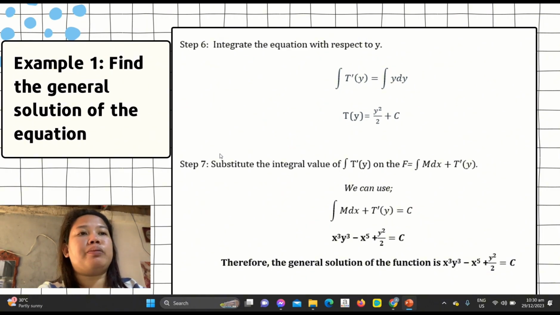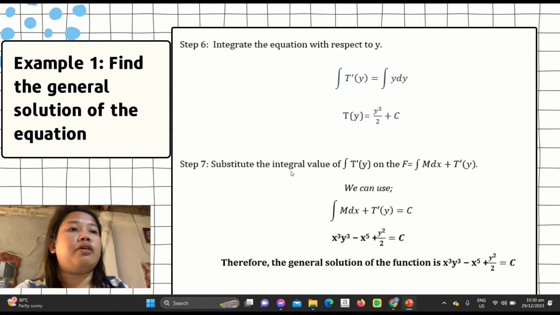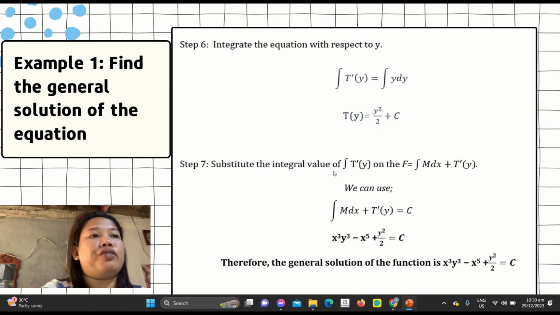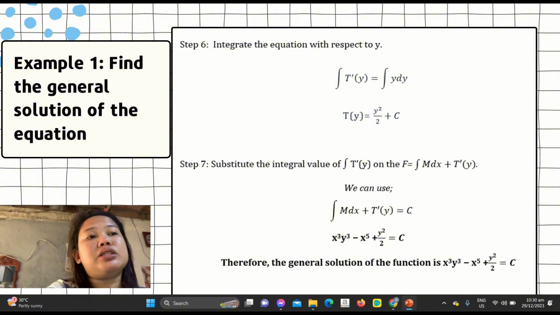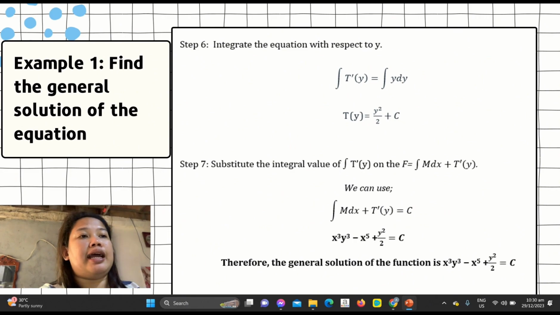Last step would be to substitute the integral value of t prime of y into f equals the integral of m dx plus t prime of y. So we can use the integral of m dx plus t prime of y equals c.